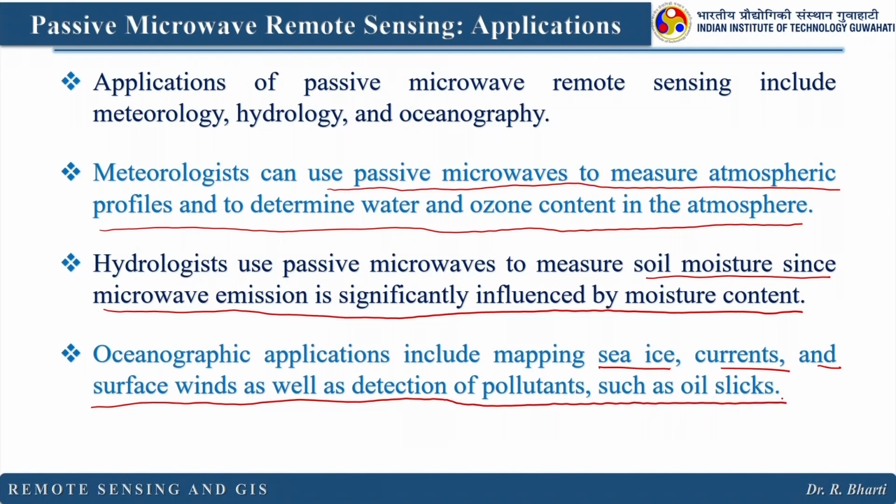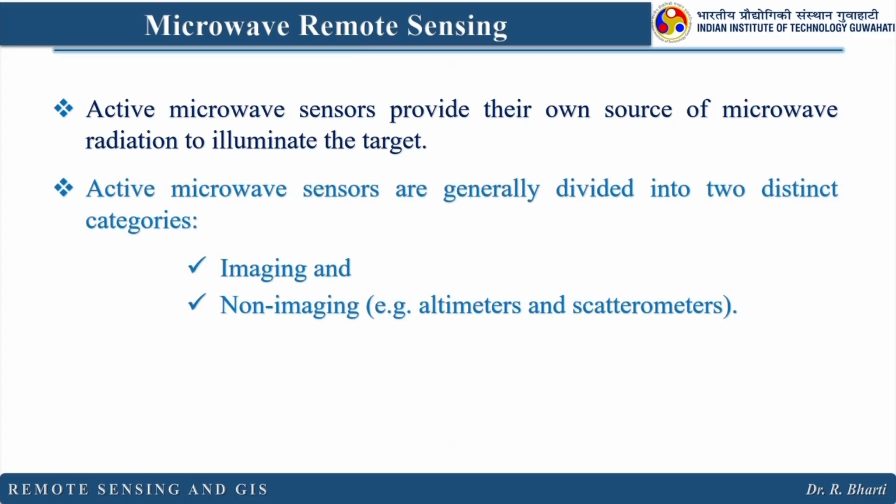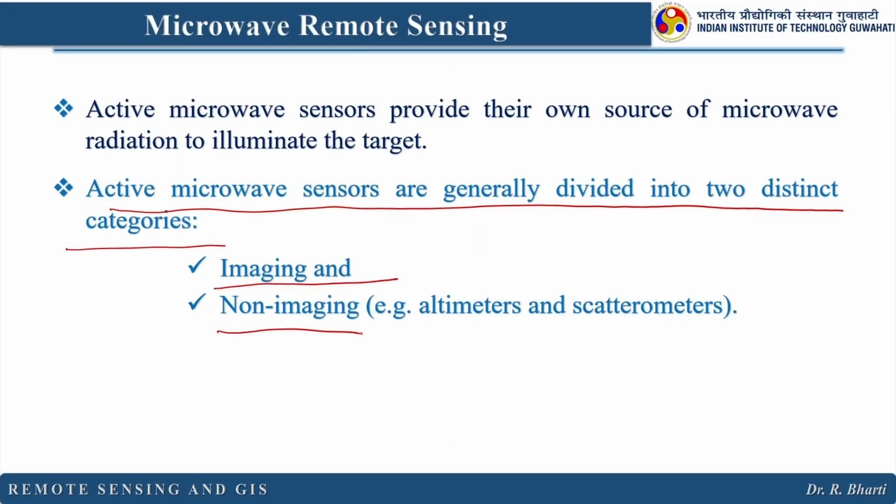in the ocean, right. In case of active microwave, they have their own source of energy and they illuminate the target with microwave radiation. And active microwave sensors are generally divided into two distinct categories. First one is imaging and another one is non-imaging. We have also seen this in optical remote sensing.